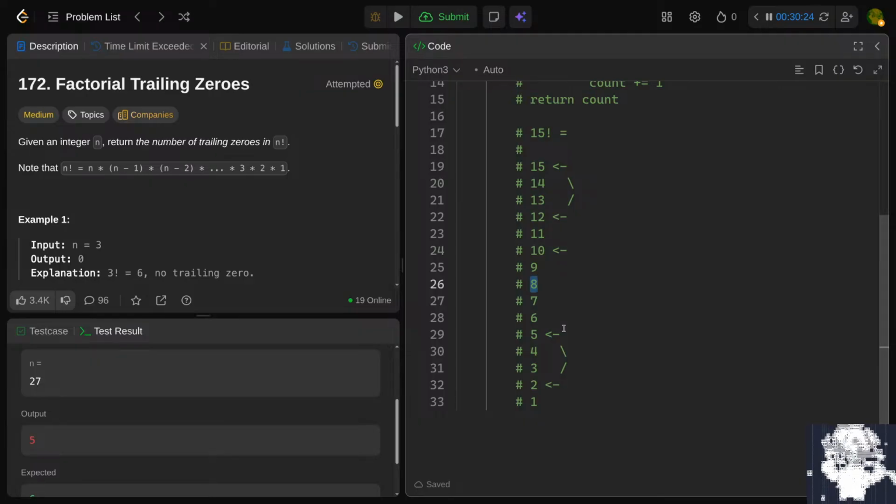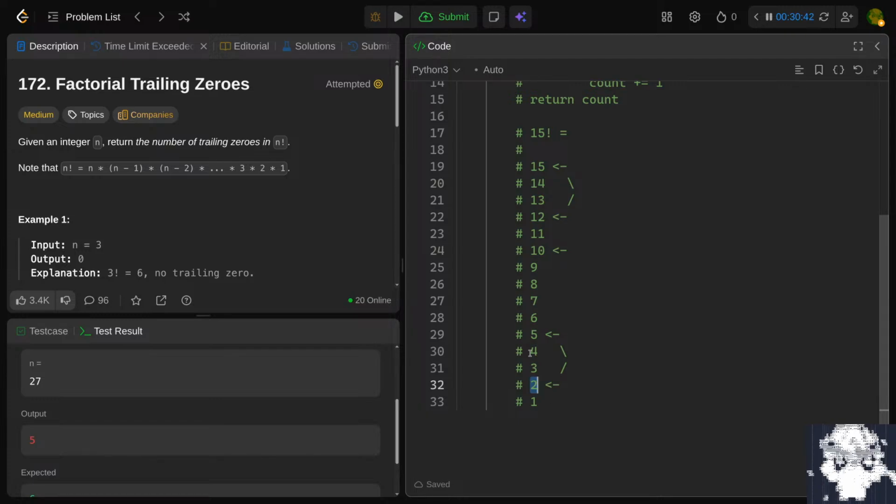But I'm using some of the multiples of 2 to multiply my 5s. But I should count the rest of them. And when I get 5 of those, I get a multiple of 10.